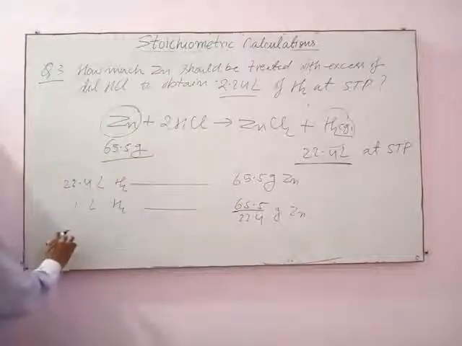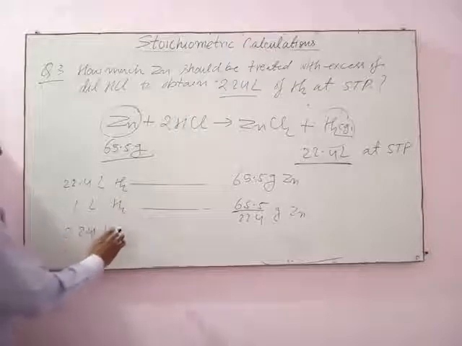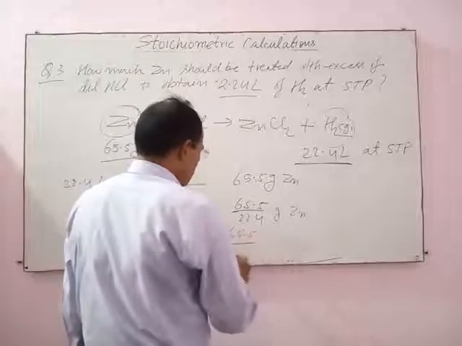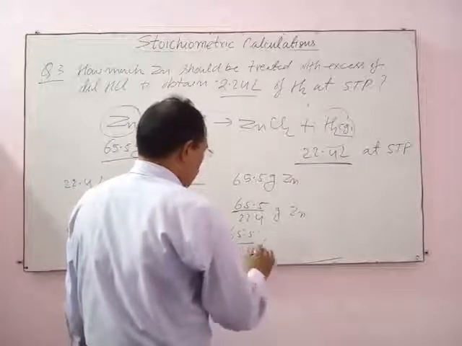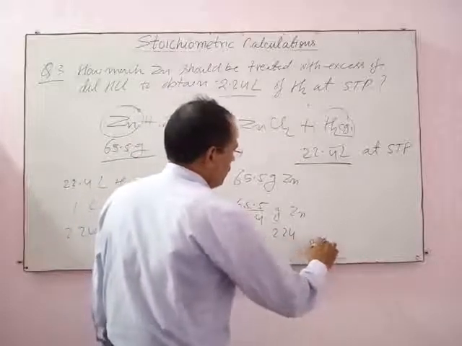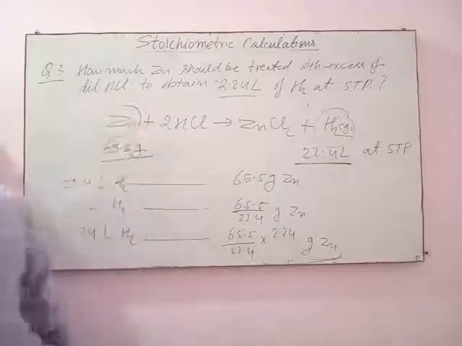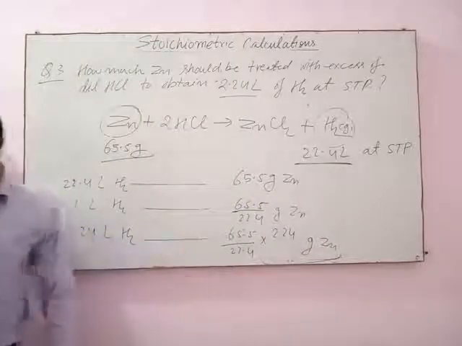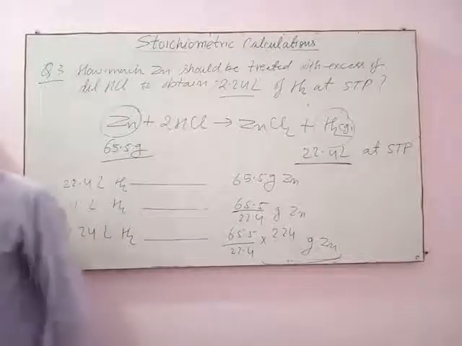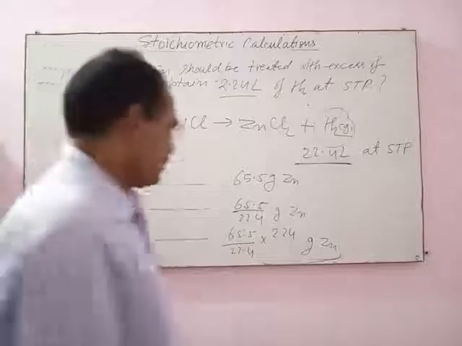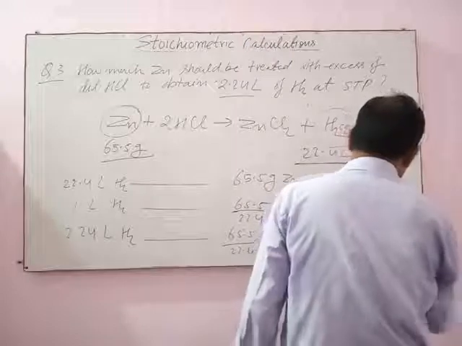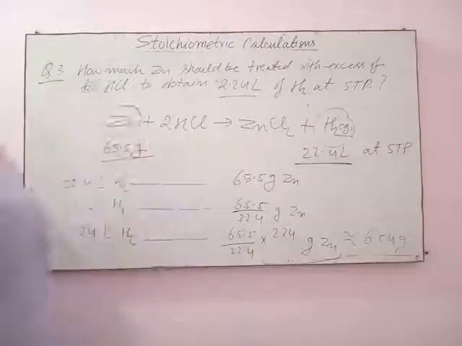Then 2.24 liters of hydrogen requires 65.5 divided by 22.4 multiplied by 2.24 grams of zinc. This is your answer. Just after calculation, you find the exact value, which comes equal to 6.54 gram. Approximately 6.54 gram is the answer.